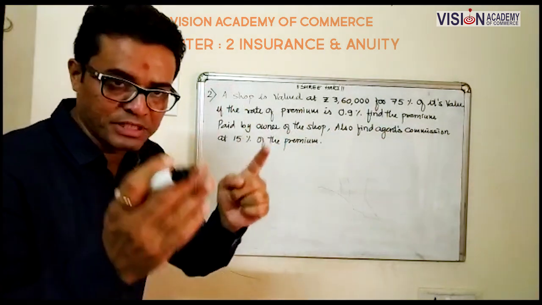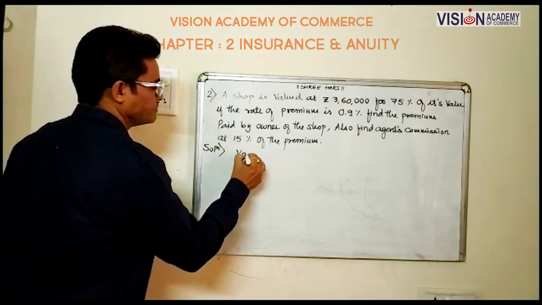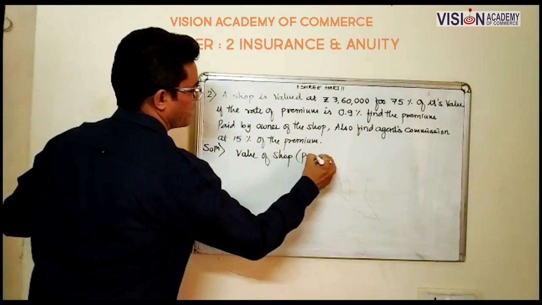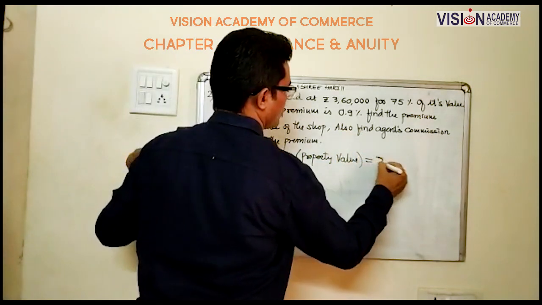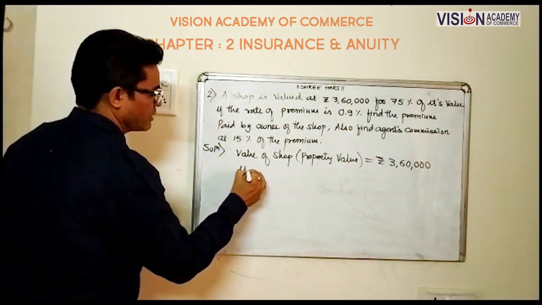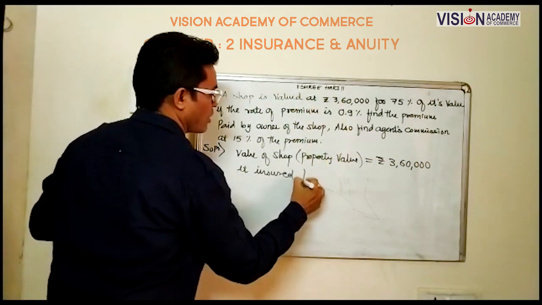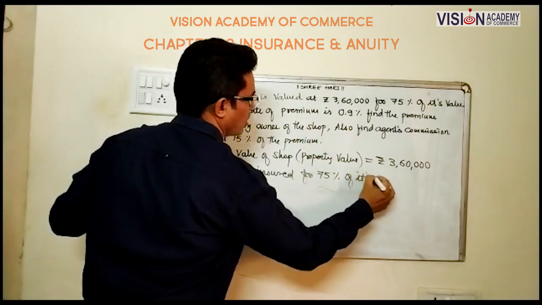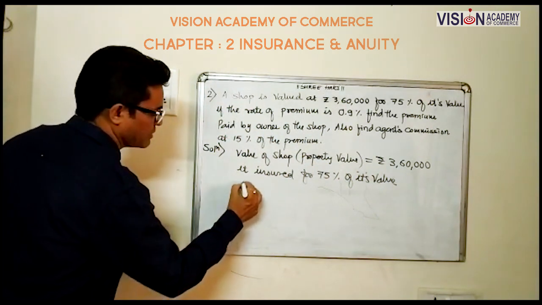Same as the first question, in this question we are given the value of stock, which is our property value, rupees 3,60,000. It is insured for 75% of its value.